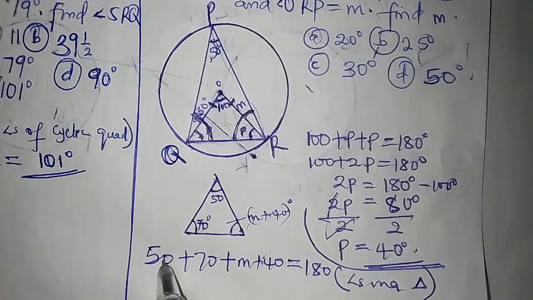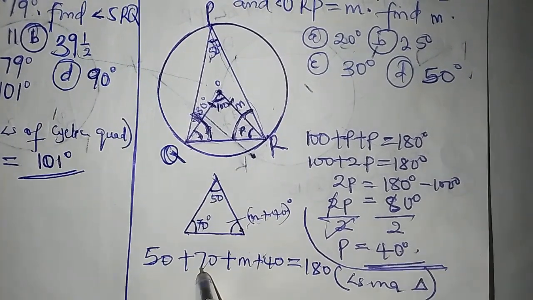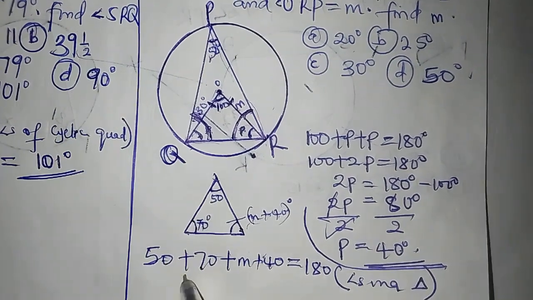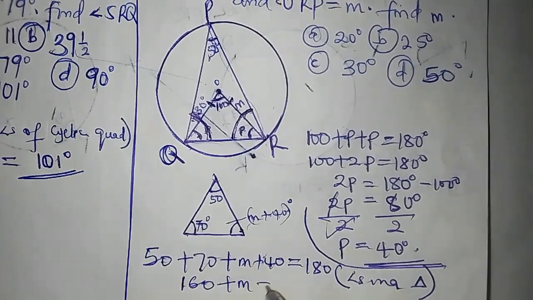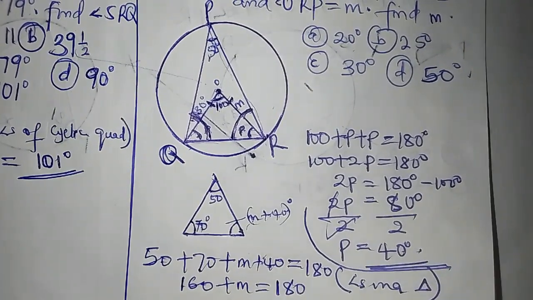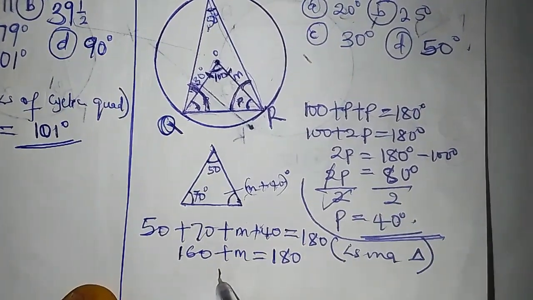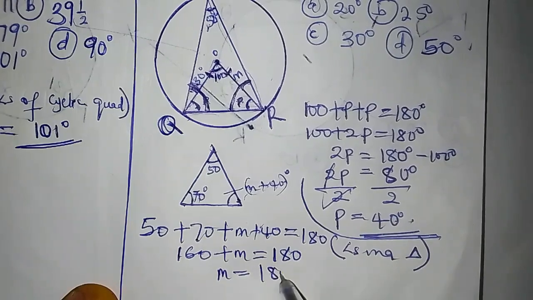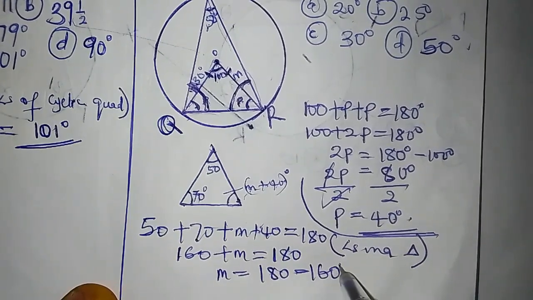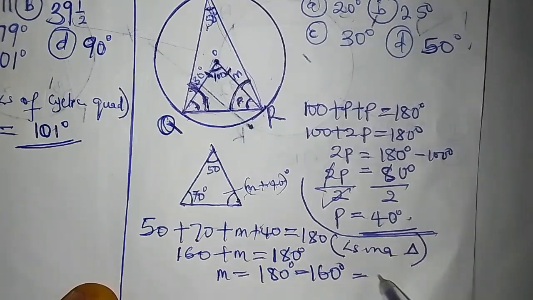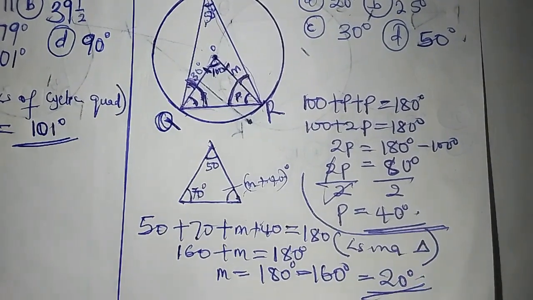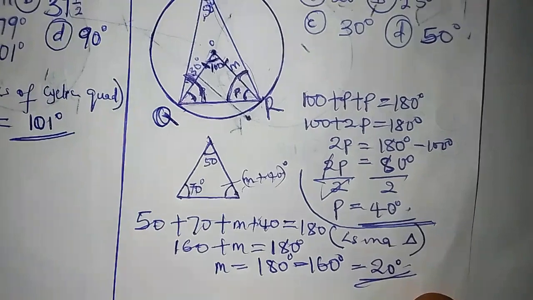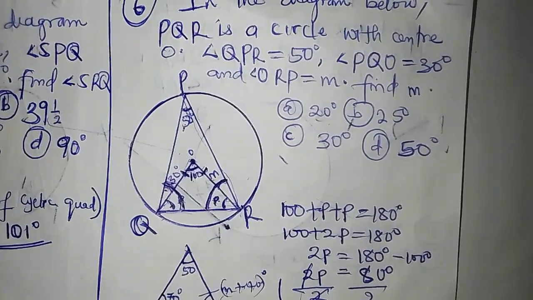Okay? 50 plus 70 is 120. 120 plus 40 is 160. So 160 plus M equal to what? 180. Alright. M will simply be equal to 180 minus 160 degrees, which is equal to what? 20 degrees. So M is 20 degrees. And that we can see as option A.